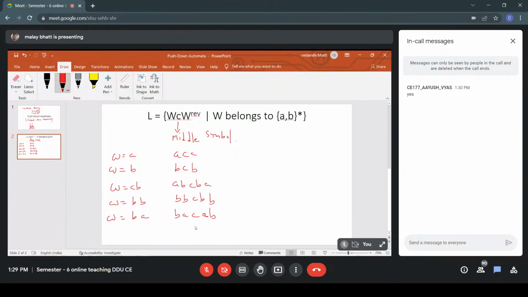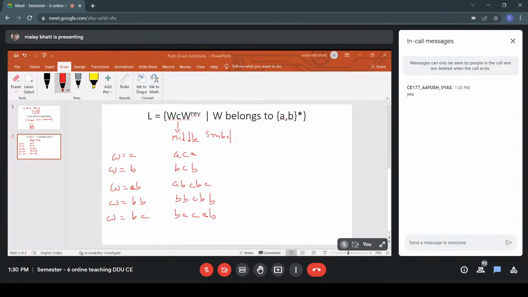If you observe, it has a middle symbol C, and we want to accept a set of palindromes with a middle symbol as C.